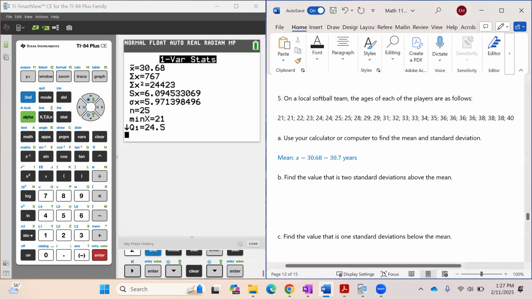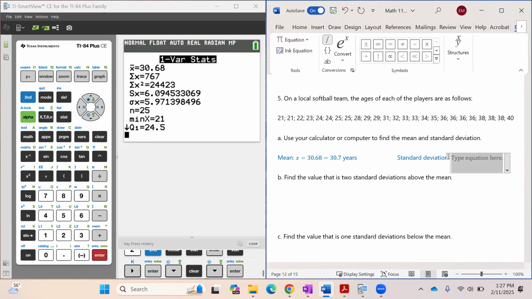And likewise, standard deviation, maybe I could write it to the right here. Standard deviation, and that is that Sx in the calculator, which also just means little s, which also just means 6.09.